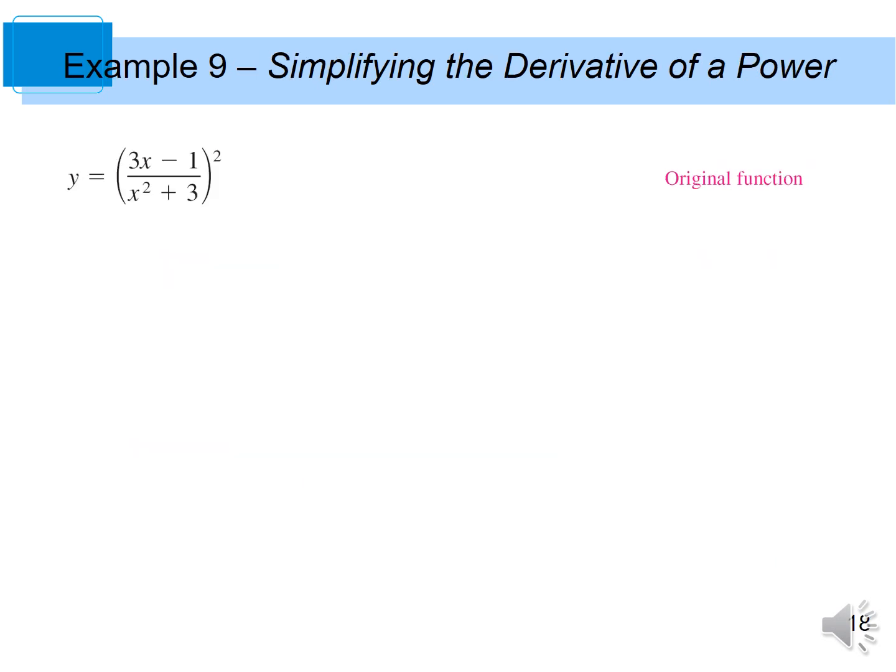Look at the next example. y equal to 3x minus 1 over x squared plus 3. So in the first chapter, you know this is a rational function. So we can say this rational function has power 2.